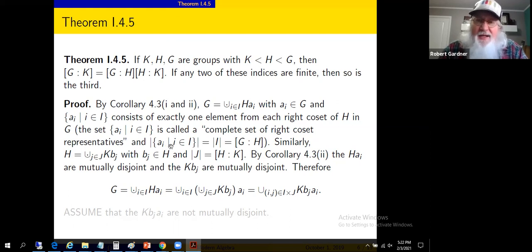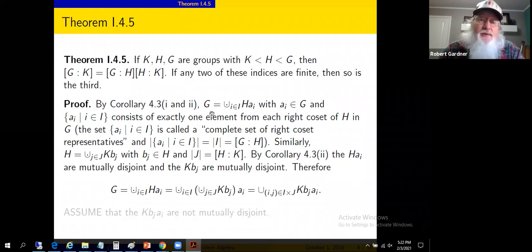The number of a sub i's you have over here is the same as the number of cosets you have over here. I shouldn't say number because of the cardinal stuff, but informally, that's the idea behind it. Formally, it's cardinal numbers. How many a sub i's do you have? Well, what's the cardinality of that collection? You have one for every element of this indexing set, capital I. I can also say, kind of for free, it's the cardinality of that indexing set, capital I, for what it's worth.